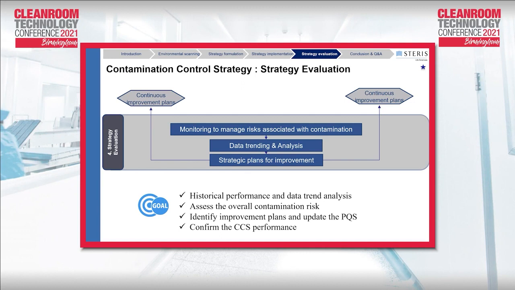Also, the goal of this evaluation is to confirm that the strategy performance of the contamination control is working in achieving the target, or the vision, or the goal that has been formulated during the strategy.